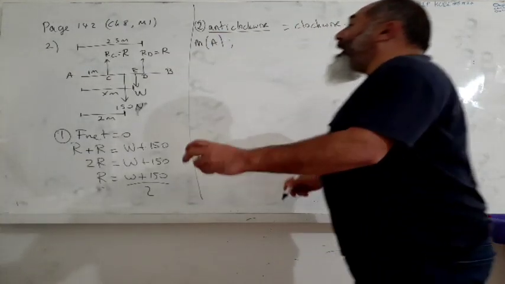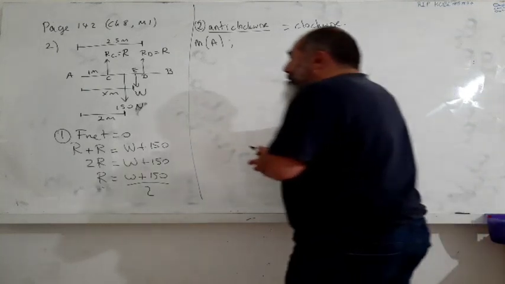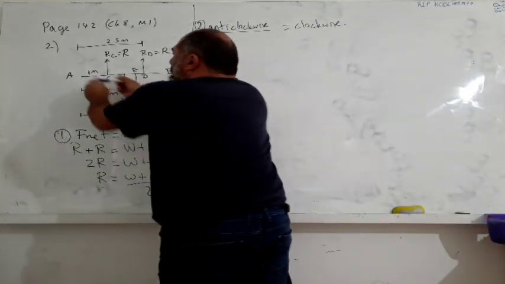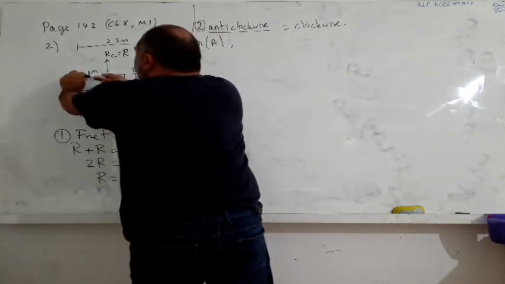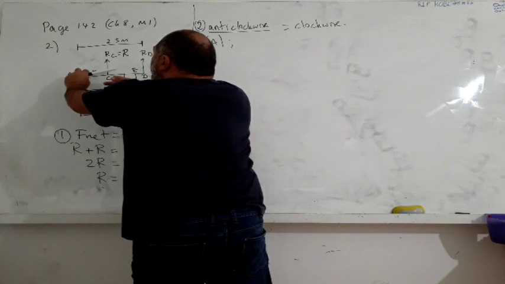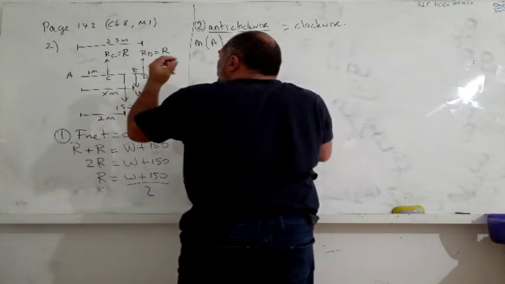If this is point A, our pivot, RC is pushing up and tries to turn the rod AB in the anti-clockwise direction. Moment is force times distance. What is the distance here? 1. What is the force?